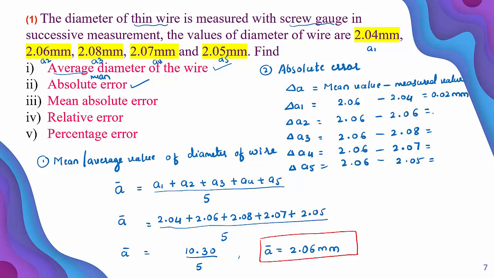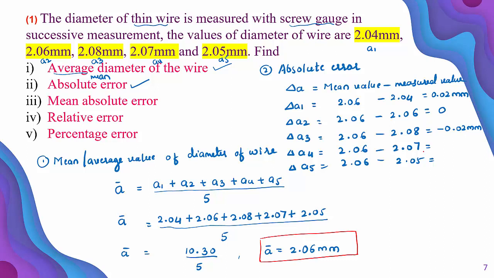Then second one, delta A2 is equal to 2.06 minus 2.06. This is 0. Third one, 2.06 minus 2.08. Here 2.08 is greater, so negative sign. So 2.06 minus 2.08 gives minus 0.02 millimeter.